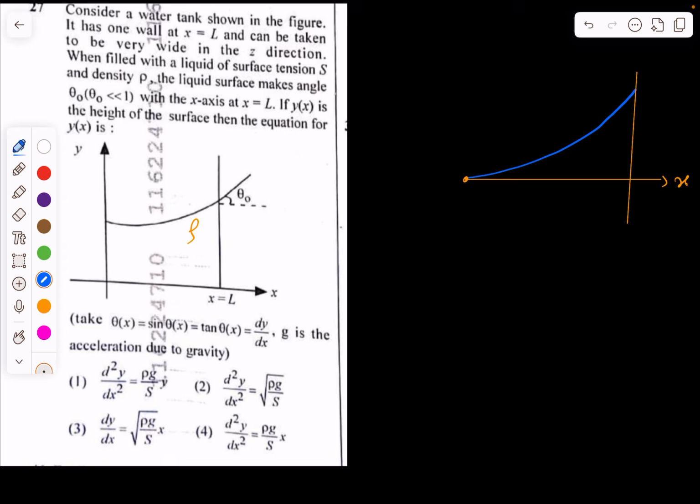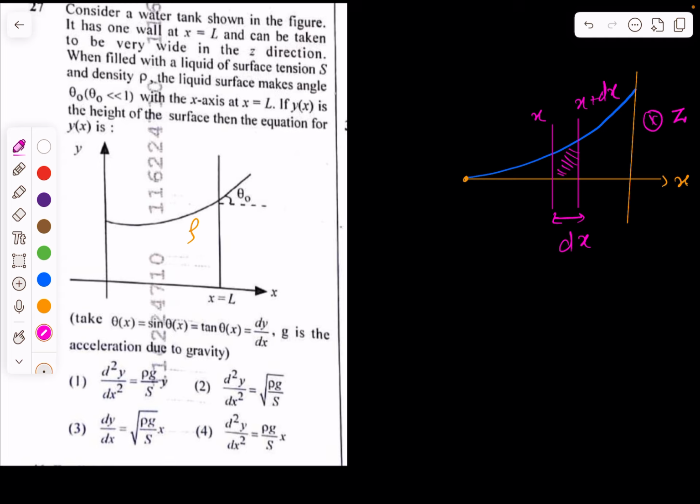And then we take a strip at x and x plus dx. So this width comes out to be dx. This is x and this is x plus dx. And into the z-axis, let us say the length is z, which is very long. Okay. So this is the volume of the liquid.